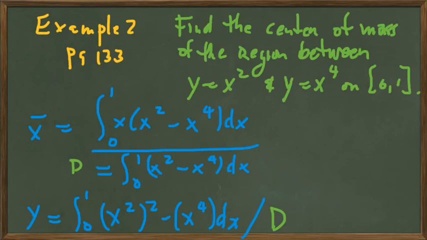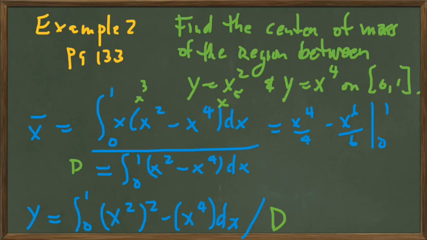So here we're integrating x cubed minus x to the fifth, right? And so in the numerator we get x cubed's integral, which is x to the fourth over 4, minus x to the fifth's integral, which is x to the sixth over 6, between 0 and 1.